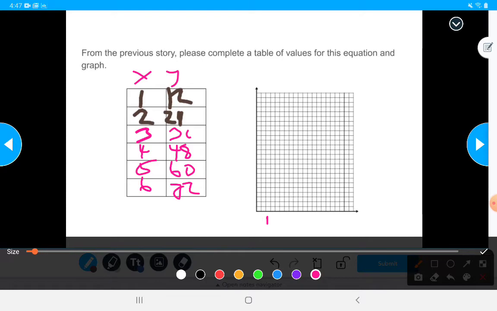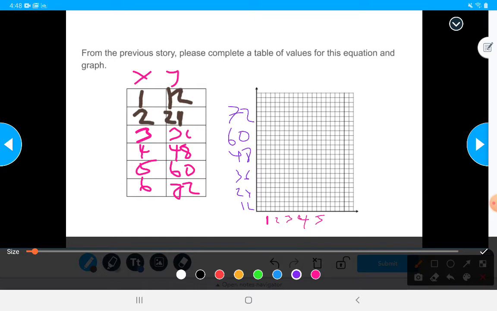And then I'll skip 2, 3. Honestly, this is way too hard for you guys to do with your fingers. Basically, what we're looking for is a general picture. Just try your best on this one. I don't blame you if you can't get it perfectly. So this is going to be 12, 24, 36, 48, 60, and 72.